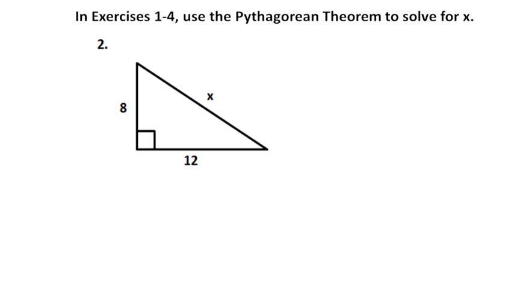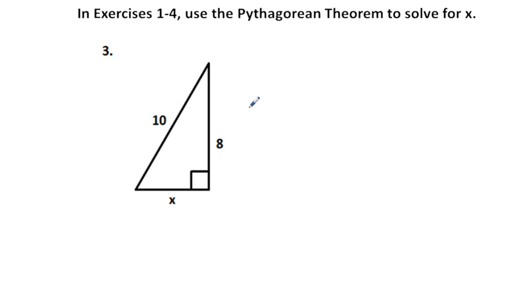Okay, next on our problem, which is 3, we have, again, use the Pythagorean theorem to solve for x. Well, in this case, we have a little bit different situation because 10 is equal to c, which is our long side. We'll say 8 is equal to a, and x is equal to b.